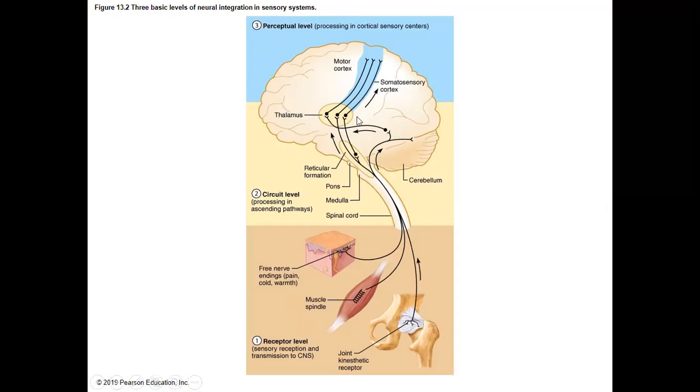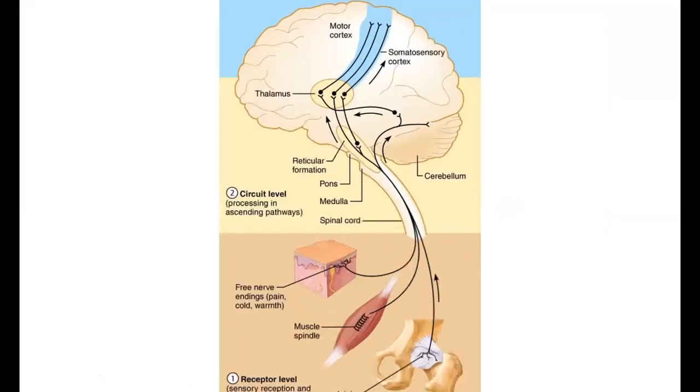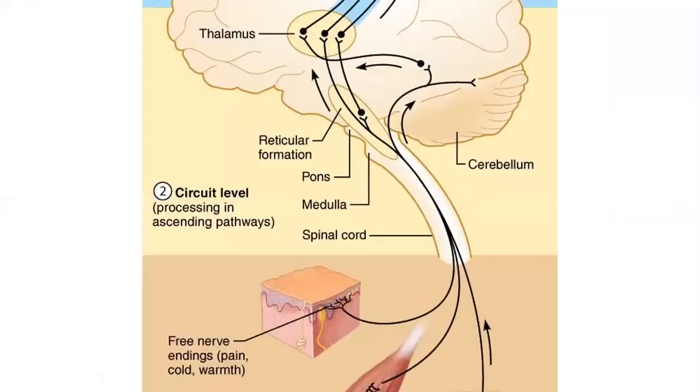And I probably won't even ask you what this area is, because that could be questionable. It's just a circle. How do you know that's the thalamus? It could be the thalamus. Now this one here, yes, that is the cerebellum. Yes, we know that one. But even this is questionable. Like the area of the pons, medulla, and the reticular formation, because it's not the most detailed image.